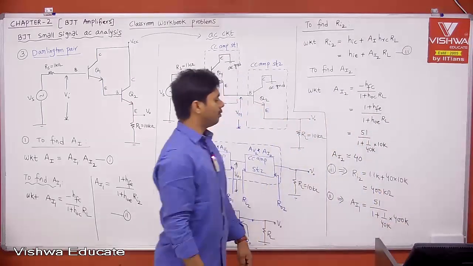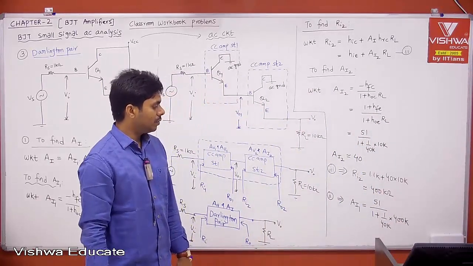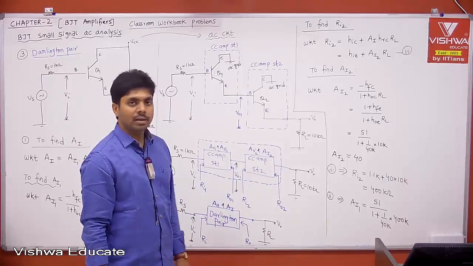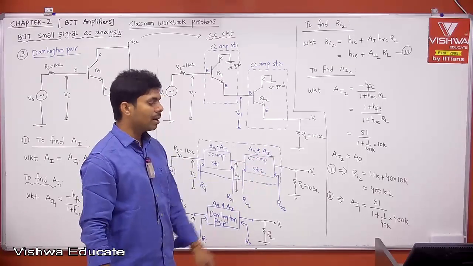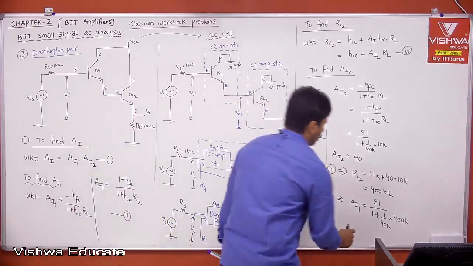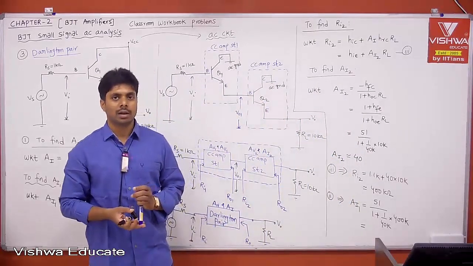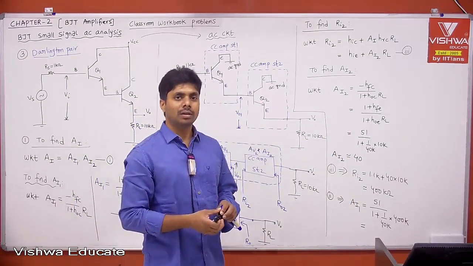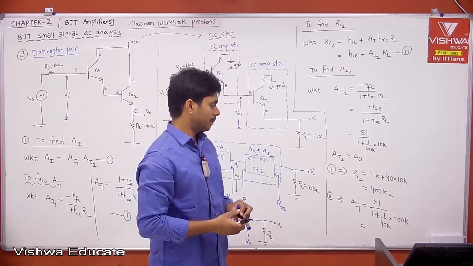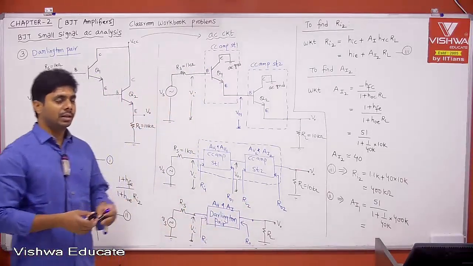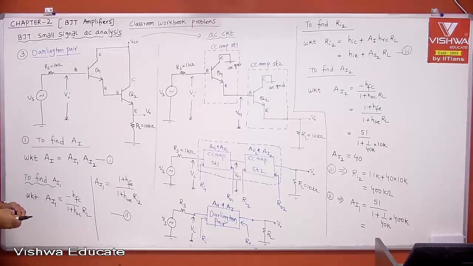The K will be cancelled. 400 by 40, which is 10. 1 plus 10, 11. 51 by 11. What is 51 by 11? Calculate, you will get it, right?